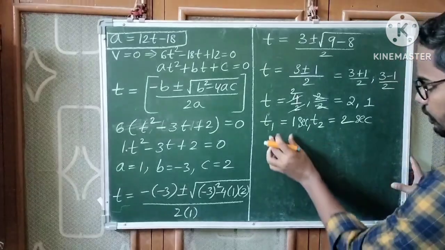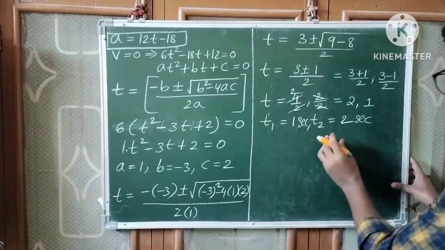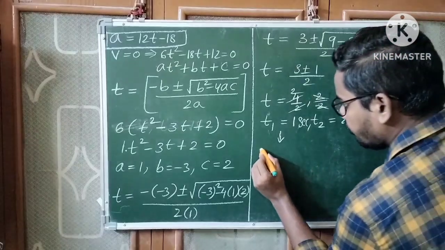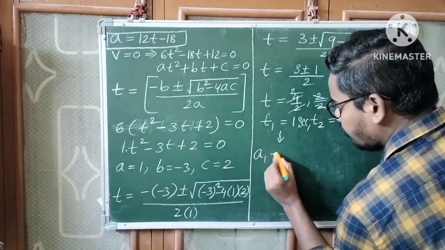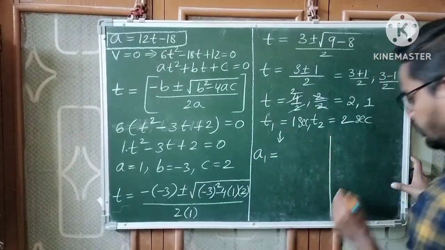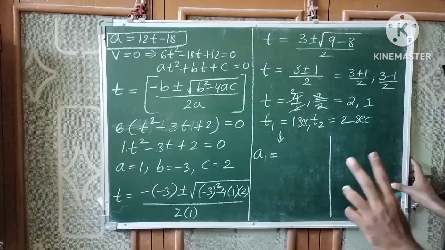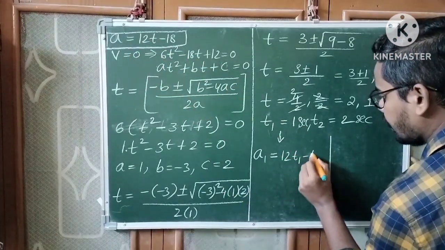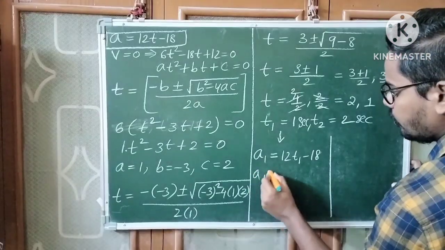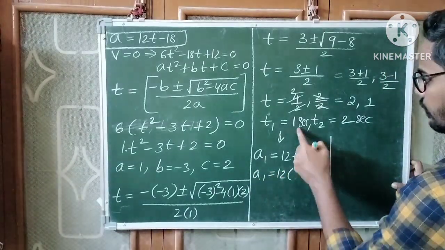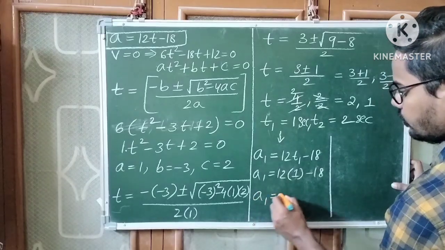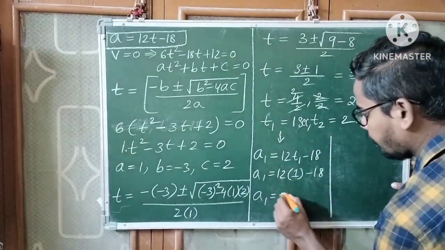Now we have 2 possible cases, 2 solutions. So at t1 equal to 1 second, what is the acceleration? Here we get 2 answers. a1 is equal to 12t1 - 18. a1 is equal to 12 into, what is t1? 1 second, minus 18. 12 ones are 12, 12 minus 18 is -6.